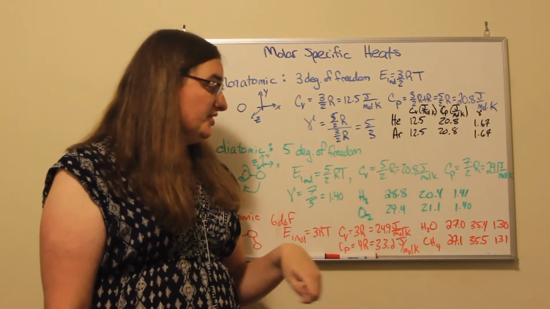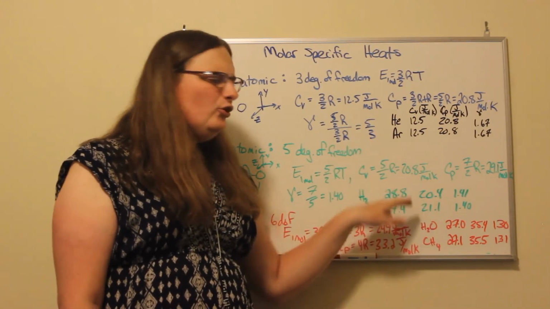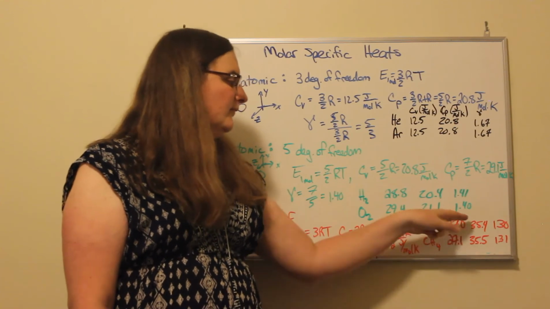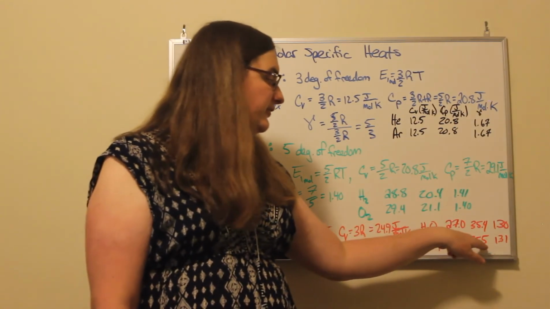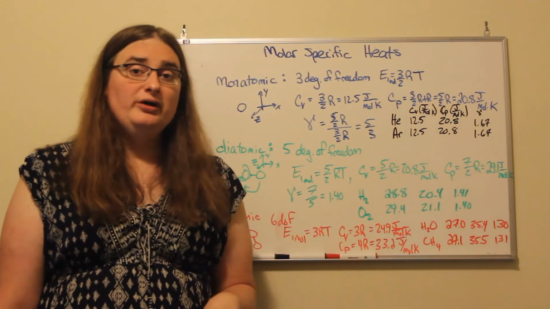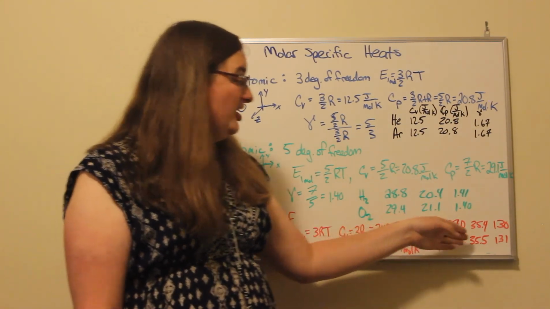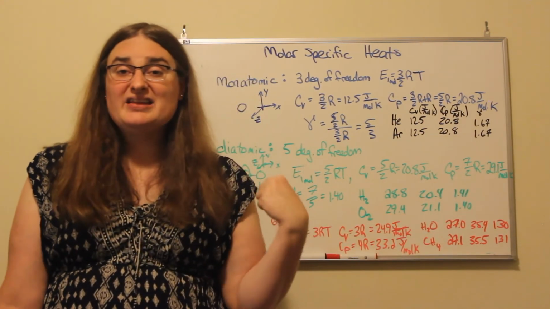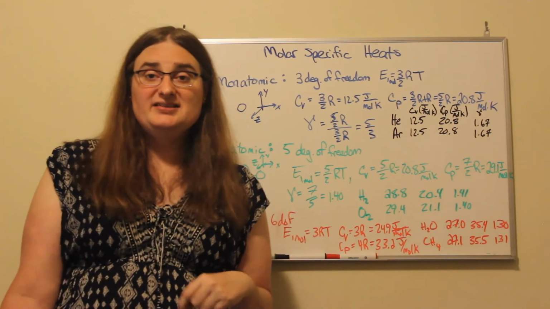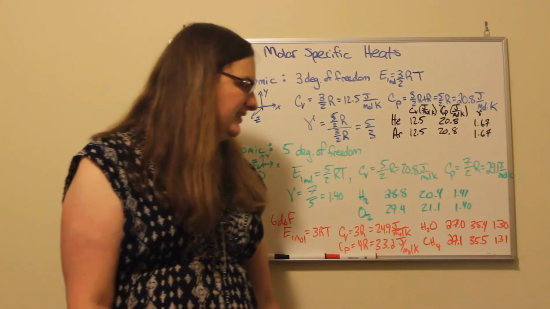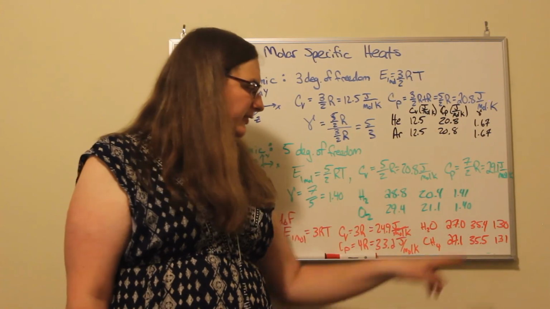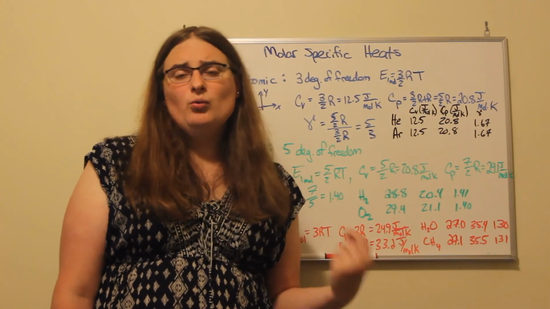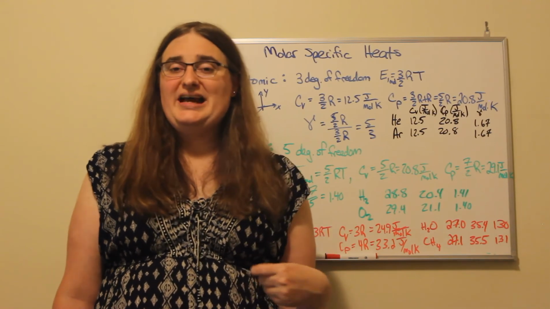With constant pressure heat capacity, it's a little bit more than R larger. 35.4 joules per mole Kelvin for water, 35.5 joules per mole Kelvin for methane. It's a change of 8.4 instead of the 8.3 we'd be expecting from the universal gas constant, and our gamma values are a little bit smaller. They're 1.30 and 1.31 for those gases.